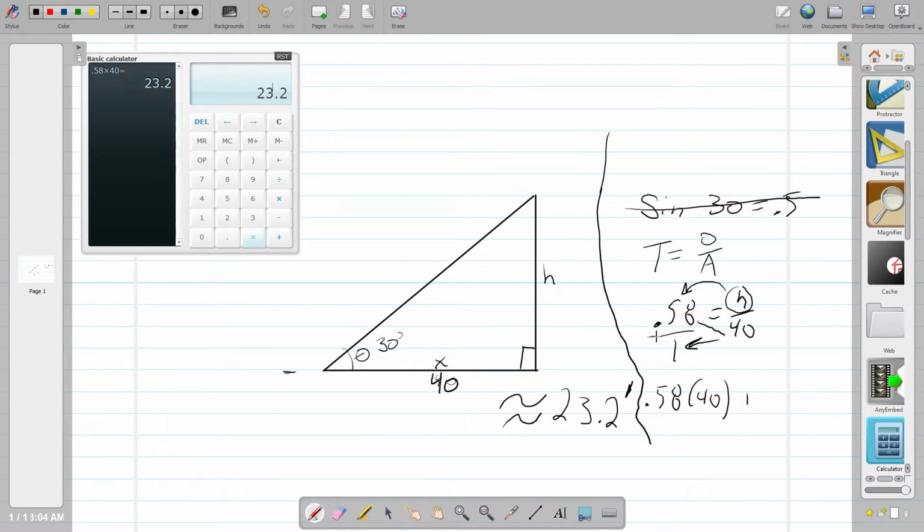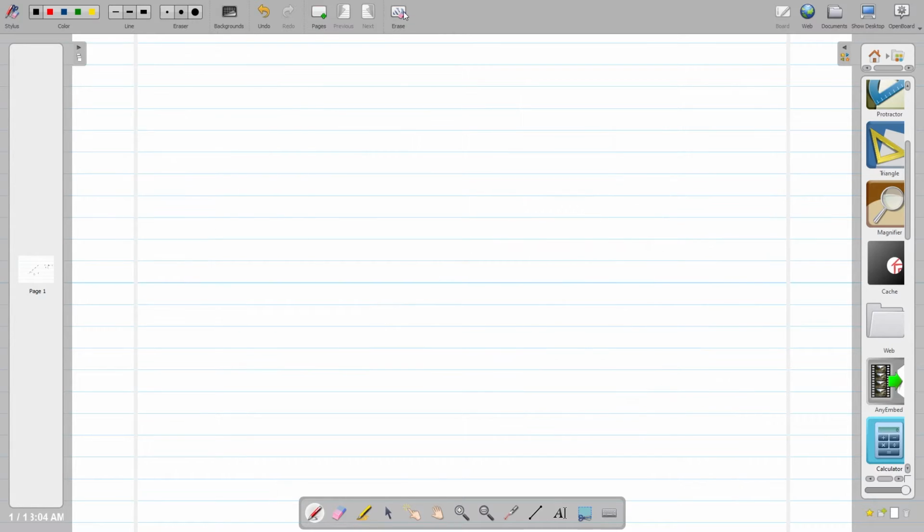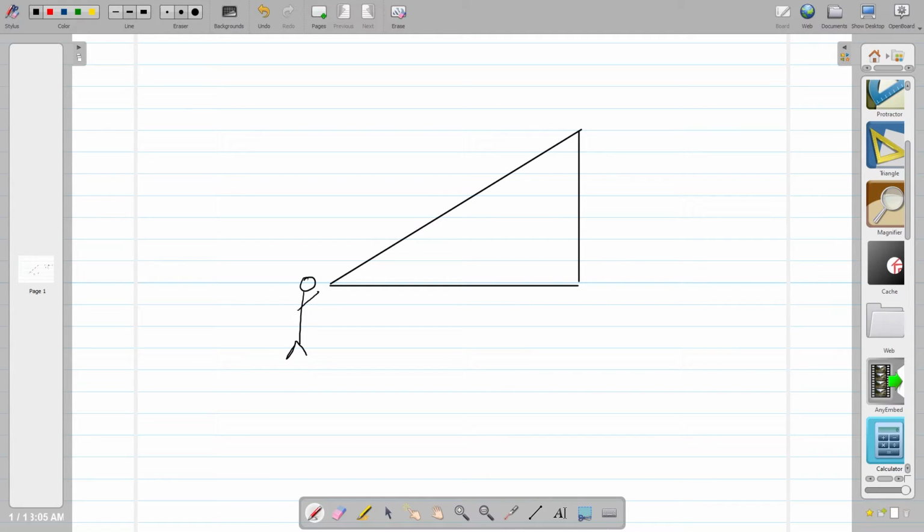Now what they have you doing in the worksheet is slightly different from that, but not that different. So it gives you your right triangle, but it has little Johnny standing here, and he has some kind of tool that he's looking through at eye level.